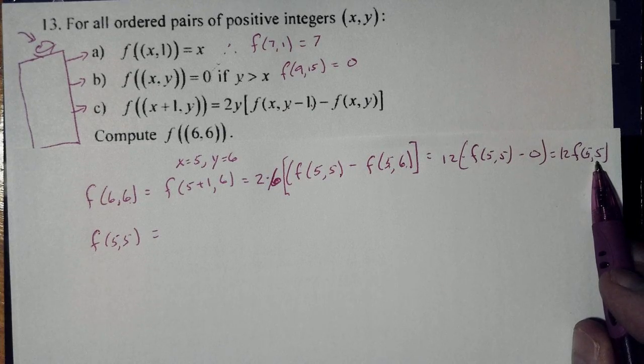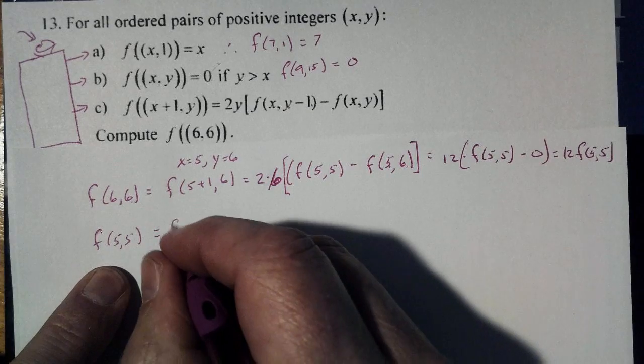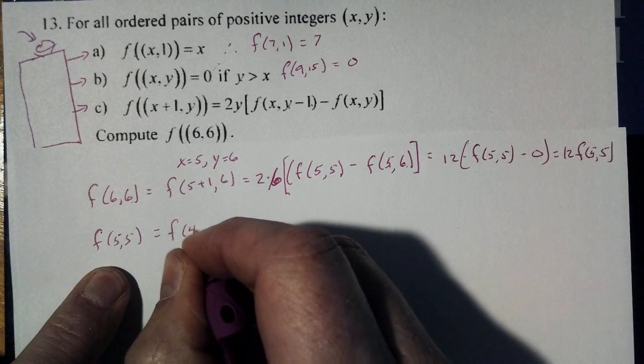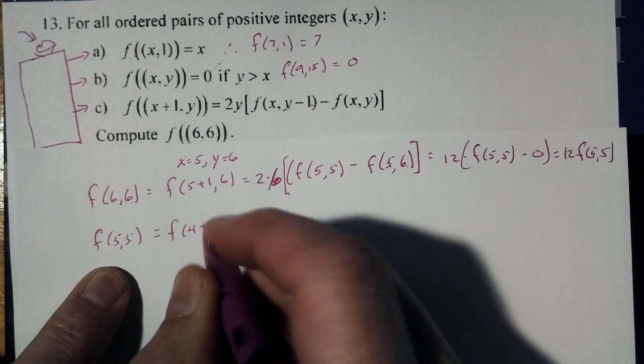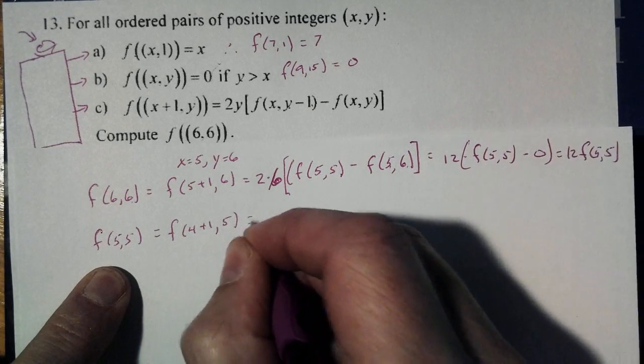But I don't know what F of 5, 5 is yet. Let's find out what F of 5, 5 is. In this case, X would be 4 because 1 is being pre-function added to it to make 5.